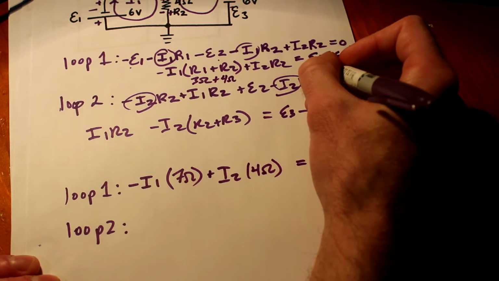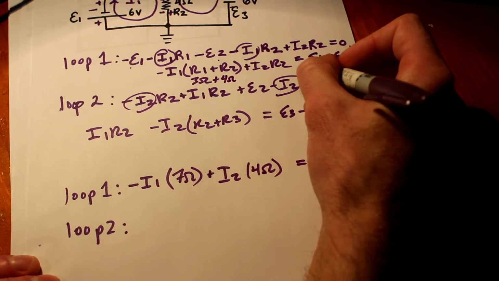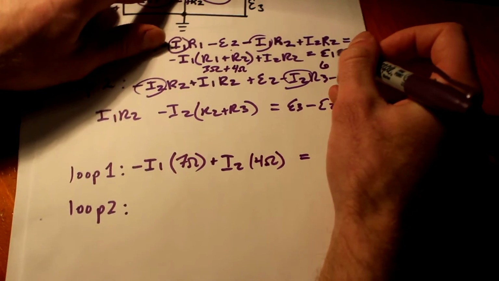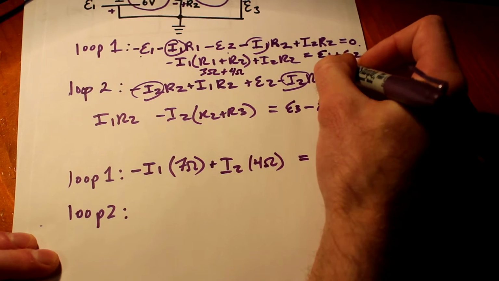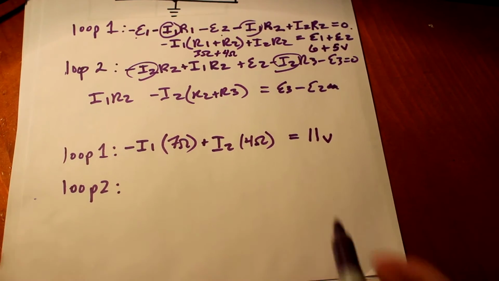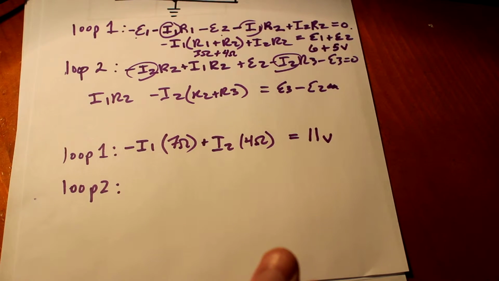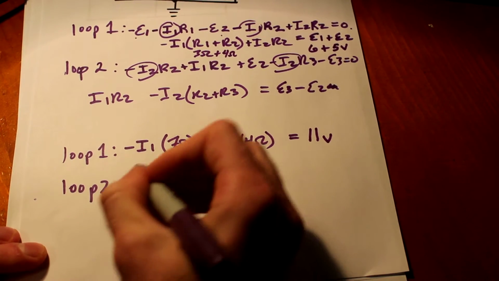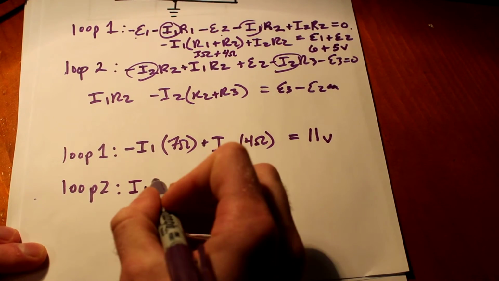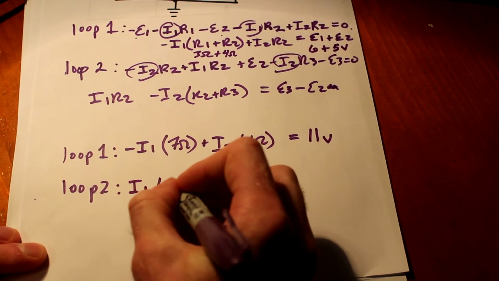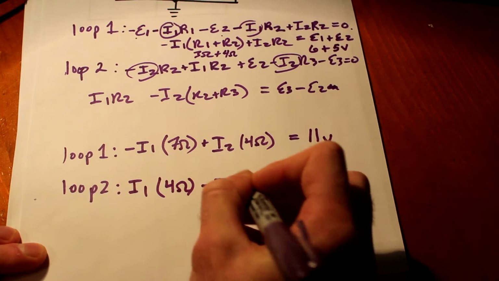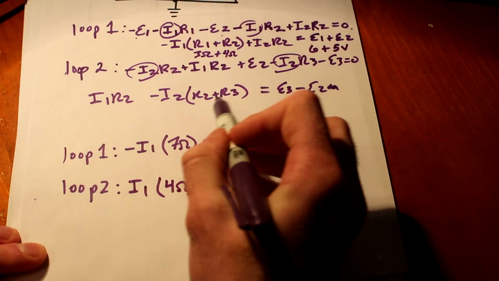E1, which is, what's E1? That's 6. And E2, which is, let's see, 5. So that gives us 11 volts. Okay, I hope everyone's following along up until this point. Might be getting a little bit messy, but for loop number 2, we have an I1 times R2, which is 4 ohms, and then minus I2 times R2 plus R3.